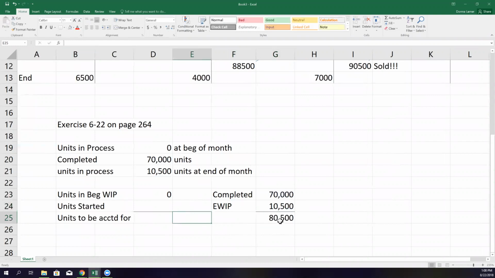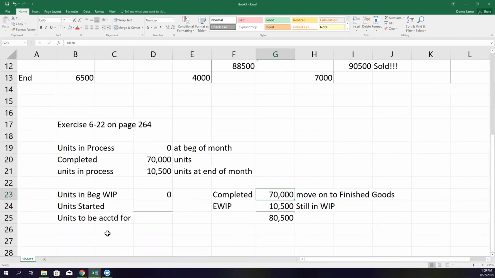And out of the 80,500, 70,000 of them moved on to finished goods. These guys are still in work in process at the end of the month. So our job is going to be to try to figure out the dollar amount that represents the cost of the 70,000 products that moved to finished goods.